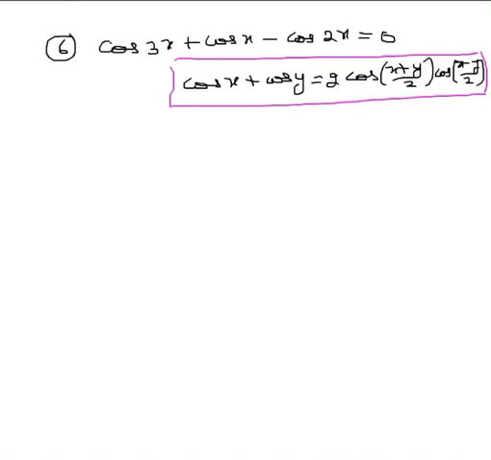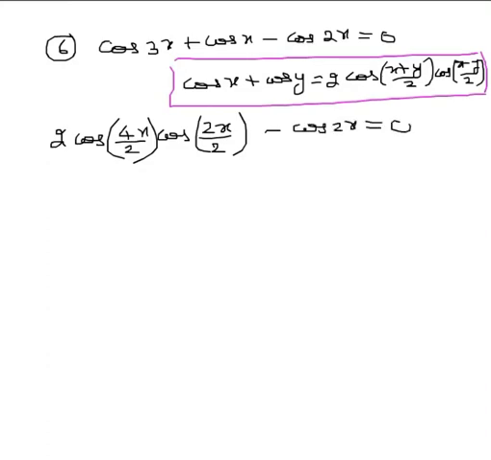So this becomes the first two terms, cos 4x by 2 and cos x minus y is 3x minus x, which is 2x by 2, minus cos 2x equal to 0. So 2 cos 2x into cos x minus cos 2x is 0.